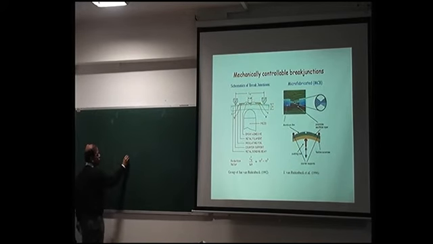Let me take a horizontal view. The structure is like this. So what you do, you remove some portion of the SiO2 by reactive ion etching from here. That means there is nothing below this constricted portion, okay?